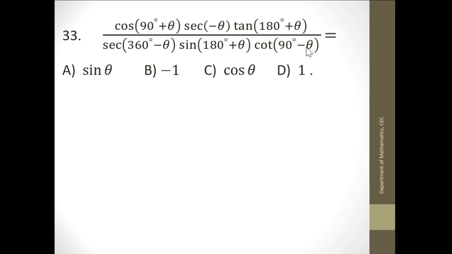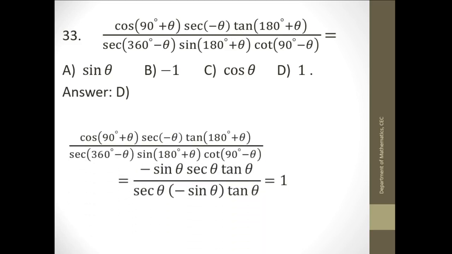Cot of 90 minus theta, first quadrant, and 90 minus means cot becomes tan. So it is tan theta. This tan theta cancels, minus sin theta cancels, secant theta cancels. Everything cancels means 1 remains. Therefore, answer is D.